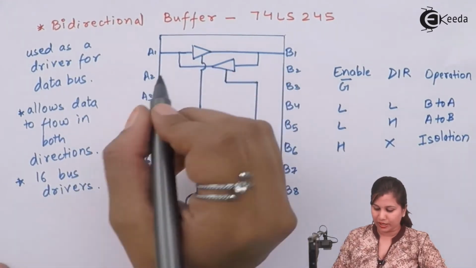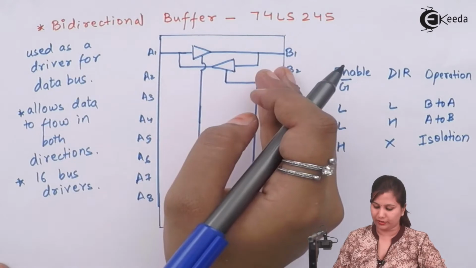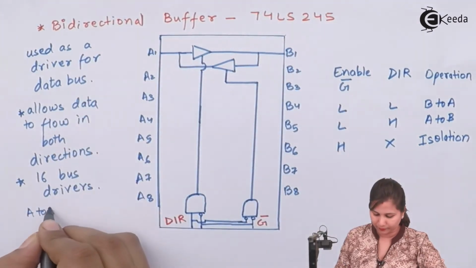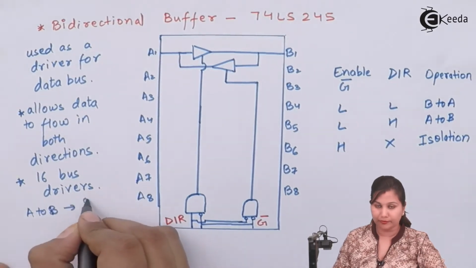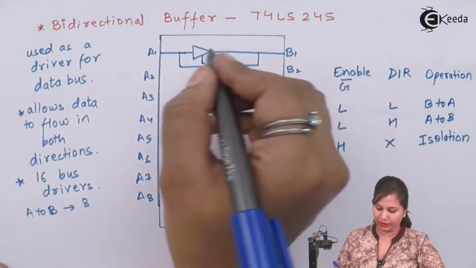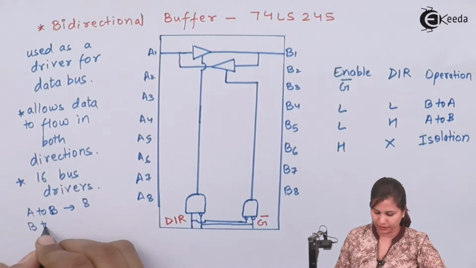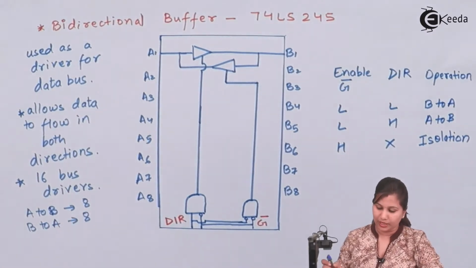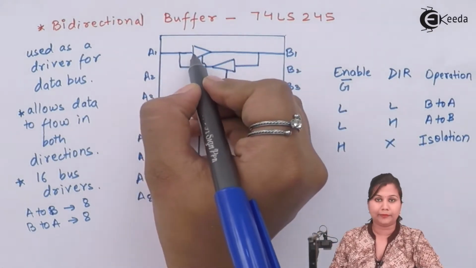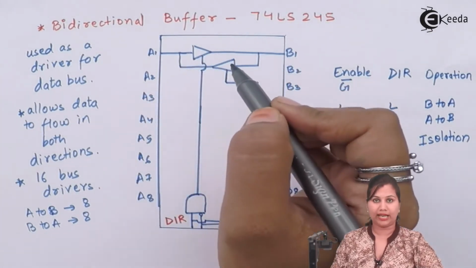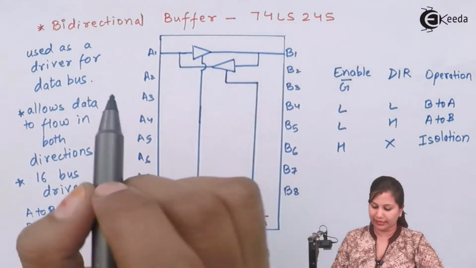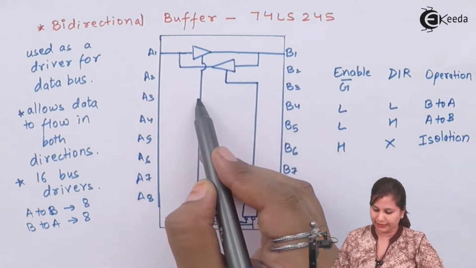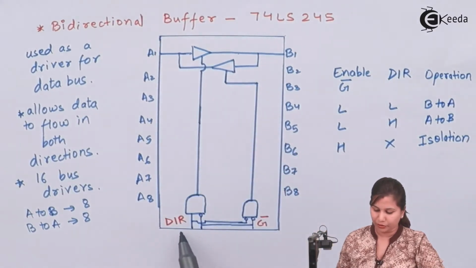and 8 drivers are for each direction, that is from A to B we have 8 buffers, and for the transfer of data from B to A, we have another 8 buffers. Okay, now the enable line, because each buffer has 3 lines: input, output and enable line. So the input line is there, the output line is there, and the enable line is provided by 2 lines.